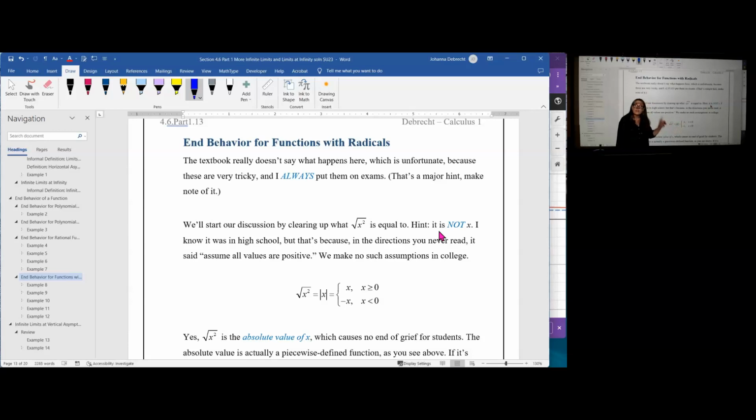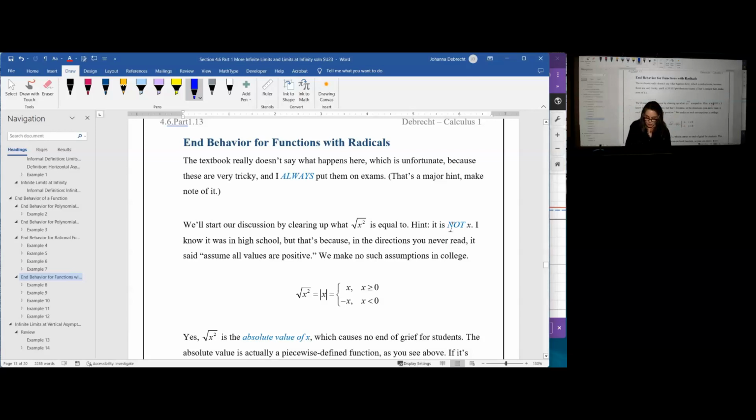If, however, the value of x was negative to start, then when you evaluate the square root of x squared, you're taking the absolute value of that number, which makes it positive. But if the number was originally negative, you have to write that as negative x. The x is negative, so a negative negative gives you a positive.